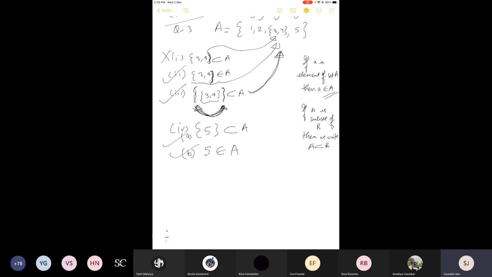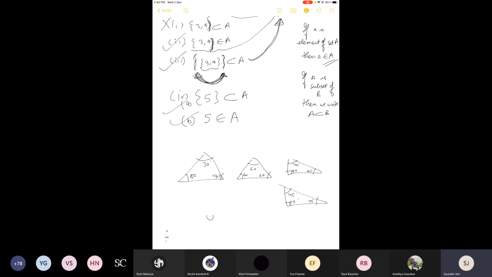Okay. Means all possible type of triangles that we can think. So I'll be taking the universal set as set of all possible triangles. So within this set, we will find other types of triangles included. So this will be the universal set.